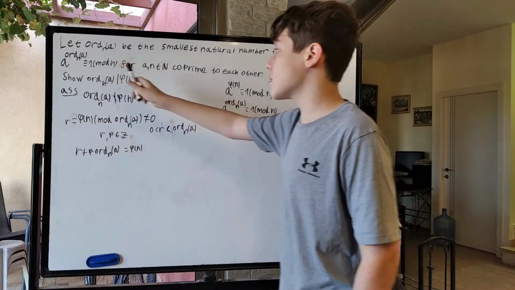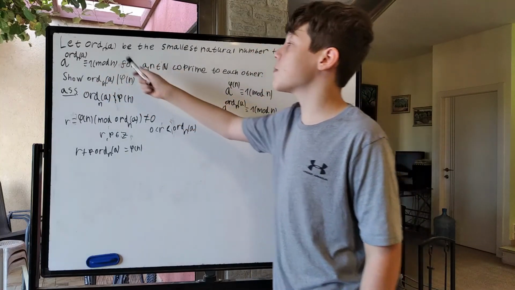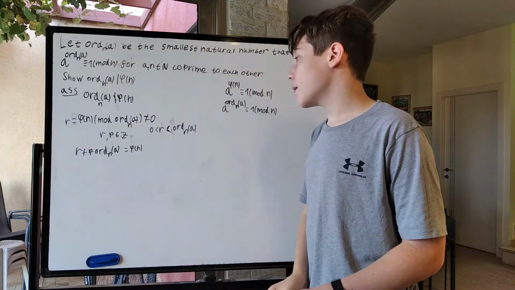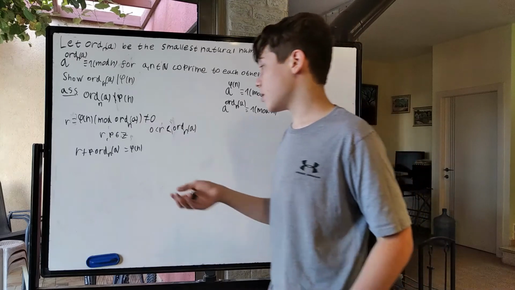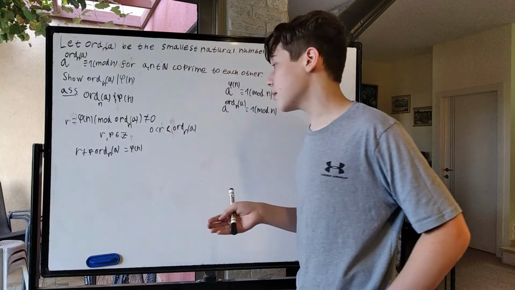And because phi of n does satisfy this property, obviously phi of n is bigger than or equal to this number, meaning that yes, with certainty p is a natural number.